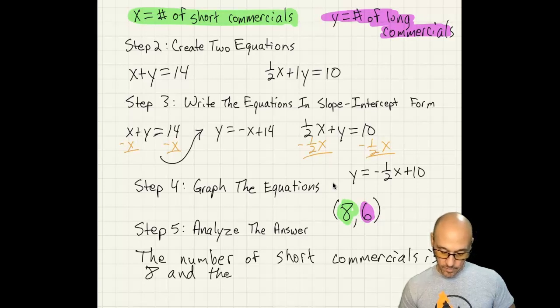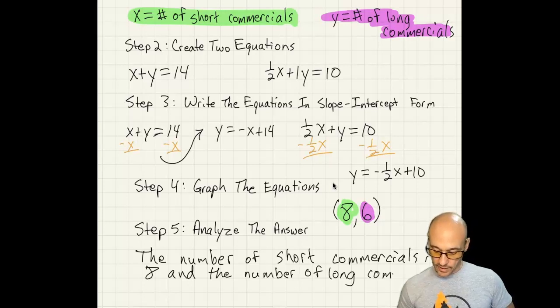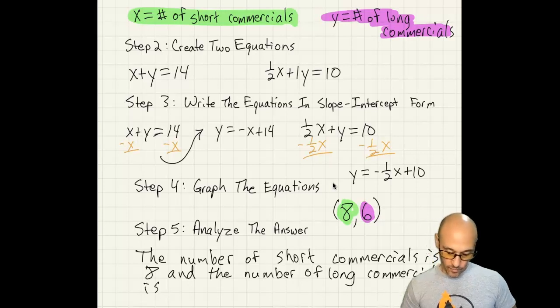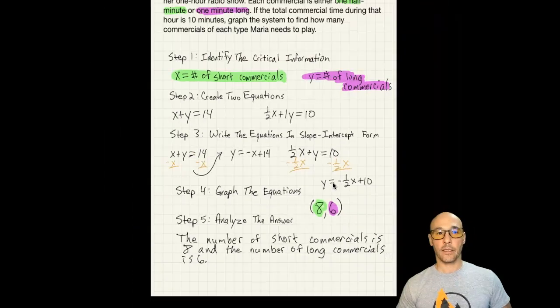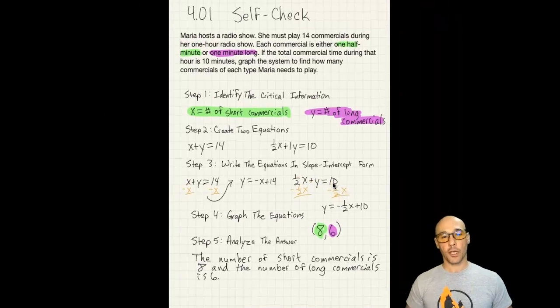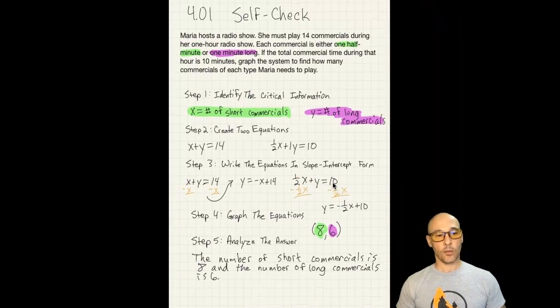The number of long commercials is 6. And that is the solution for that self-check, and those are the steps I would take to solve that.